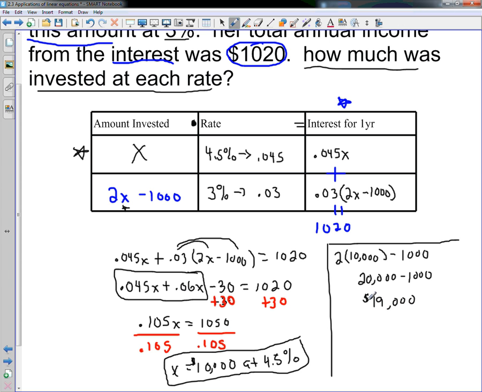This is dollars, and this is at 3%. So make sure you go back, check what it's actually looking for, and it was looking for the amount invested at both. So you'll want to find the answer for both of those.